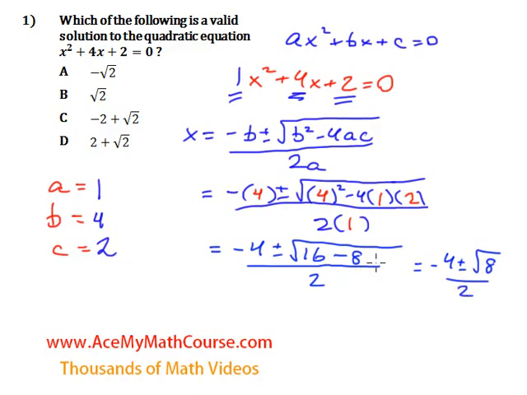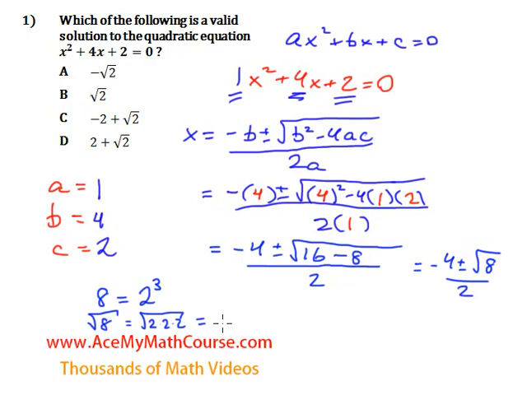Now we're almost done, but I want to simplify the square root of 8. And remember that 8 is equal to 2 to the power of 3. So if I have the square root of 8, that's equivalent to 2 times 2 times 2 inside the square root.